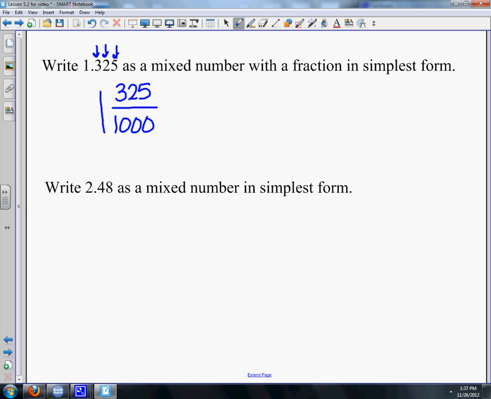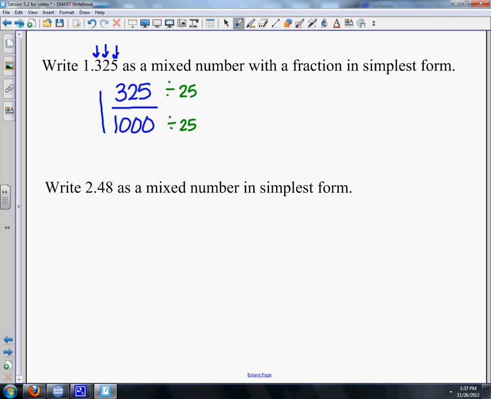So this gets tricky without a calculator. So my 1 stays. So I notice that they're both divisible by 5. So, and then I think, could it be divisible by something greater? So I am going to try, I know they can both be divisible by 5, but I'm going to try 25 because I'm noticing that 325 can be divided by 25.